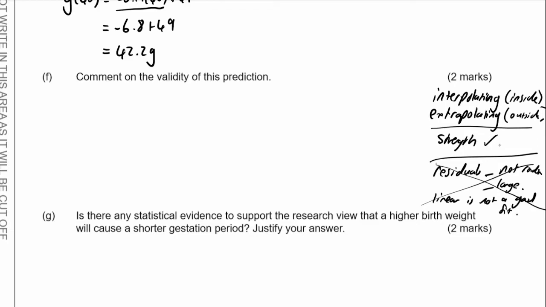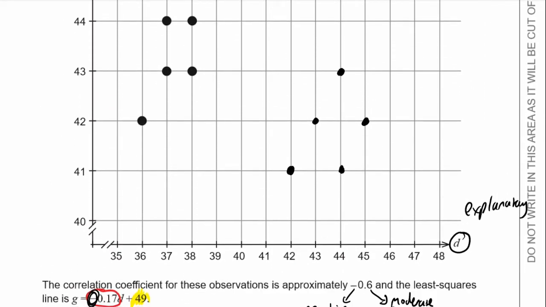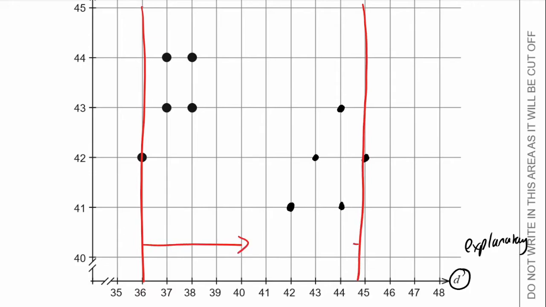They've given us the strength in terms of R, and we know that we are interpolating, because we're allowed to accept anything from the first number to the last number. Anything inside this region is interpolating. Anything outside this region is extrapolating. So I'll just get rid of all of that.